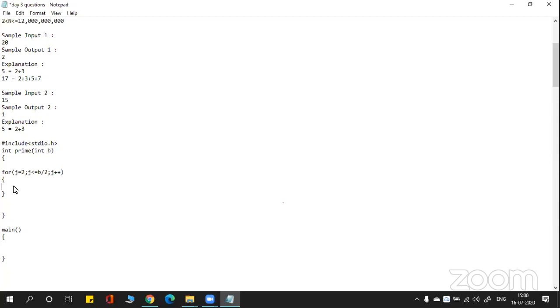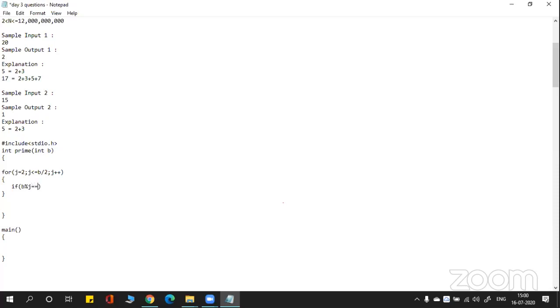If it has more than 2 factors, then it is not a prime number. But instead of doing all that, I'm directly checking from 2 to n by 2. So tell me, when can I say that my number is not a prime number?